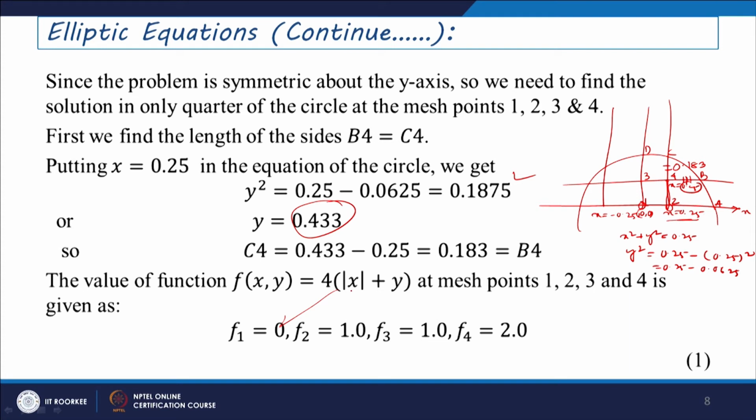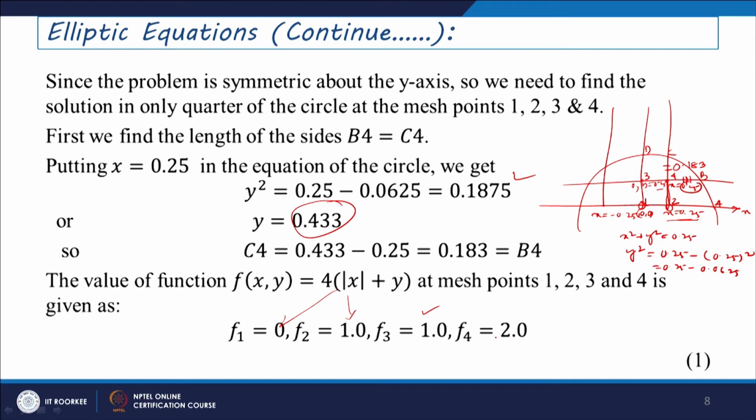So, if you put 4 into 0.25, y is 0, this will take 4 into 0.25, that is nothing but 1. And for the f3 point, the x coordinate is 0 here, but the y coordinate equals 0.25. So, that is nothing but f3 equals 1.0.